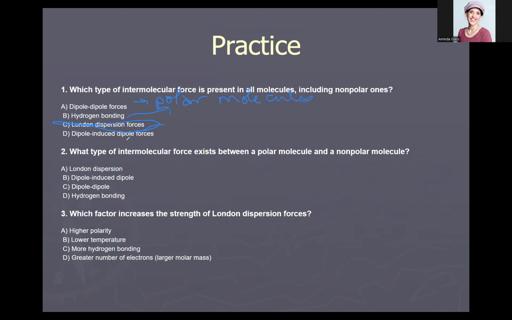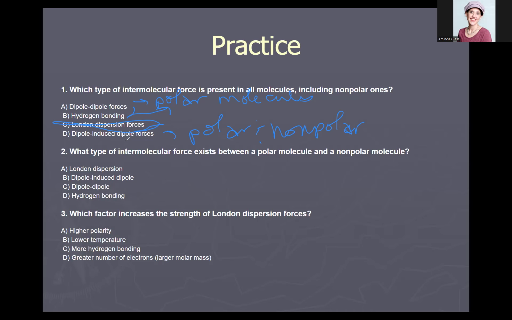Hydrogen bonding is a special type of dipole-dipole force, and that involves hydrogen bonding with oxygen, nitrogen, or fluorine. And then you have dipole-induced, and this is between polar and nonpolar molecules. The polar molecule will induce or force a pole in the nonpolar molecule.